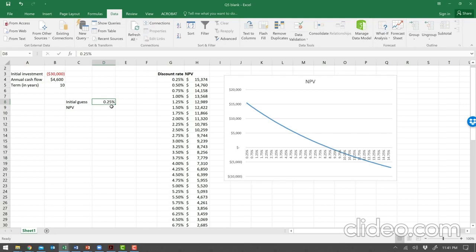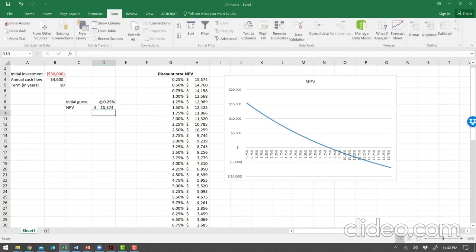So I will set it to 0.25% and let's compute the net present value for this initial guess. Net present value equals the initial investment amount plus the annual cash flow divided by the initial guess multiplied by 1 minus 1 divided by 1 plus discount rate raised to the power 10.